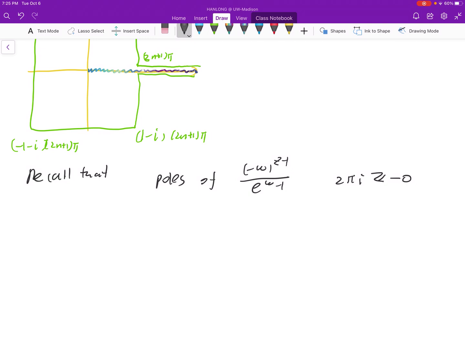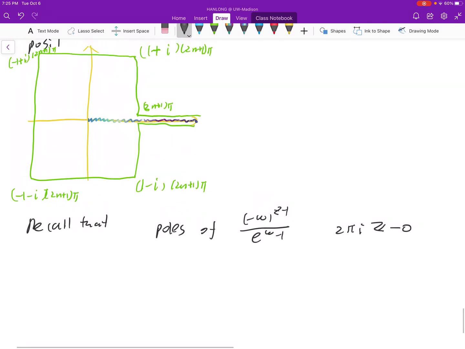Okay, and so you draw it here, because the other contour goes this way. This is your C, pretty close, but never touching the positive real axis.